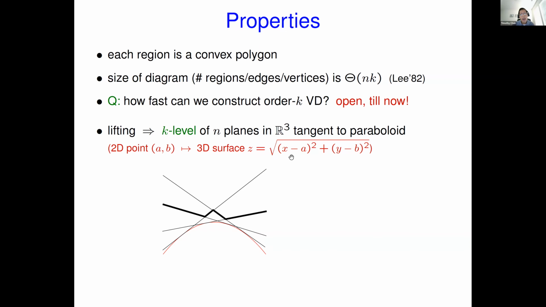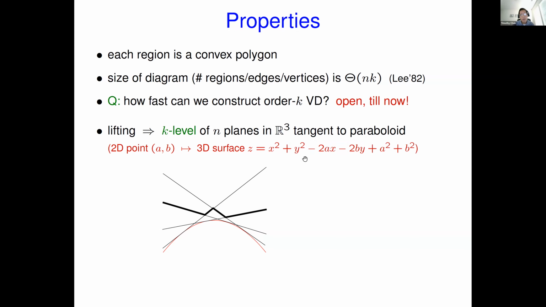But of course, these surfaces are not planes, but you can get rid of the square root and expand the expression, and notice that x squared plus y squared is a common term, so you can pull it out, and then you get a linear expression. And so indeed, it corresponds to the k-level of n planes in 3D, where all of these planes are tangent to the paraboloid z equals minus x squared minus y squared.